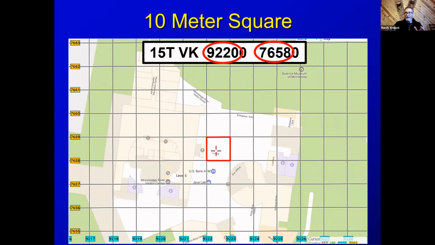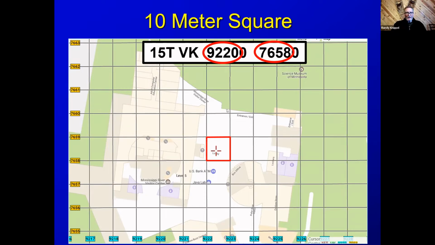And it may vary. If you're just trying to describe a landing zone for a helicopter, if you get it to 100 meters, that's probably going to be fine for that, with flares or flashing lights or something like that. So we can choose the level of precision and the number of digits that we need. The precision is implied by the number of digits, and that's one of the efficiencies that come into play.